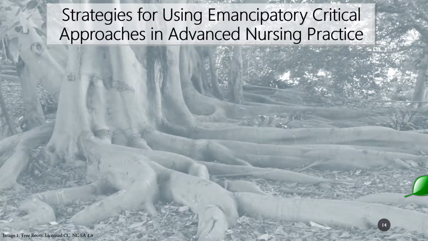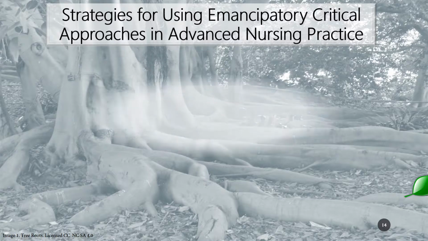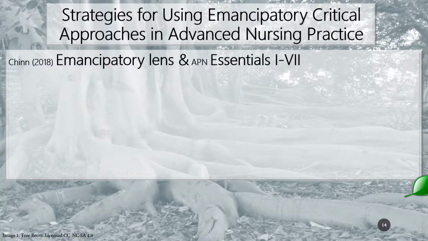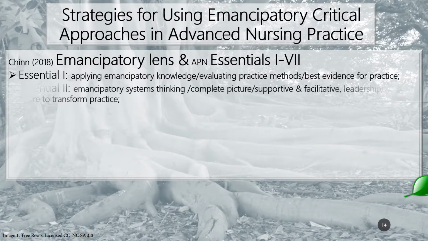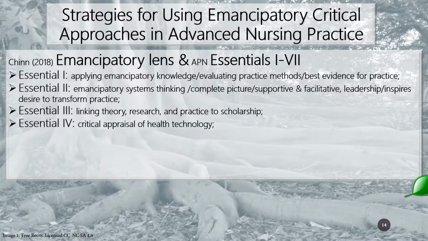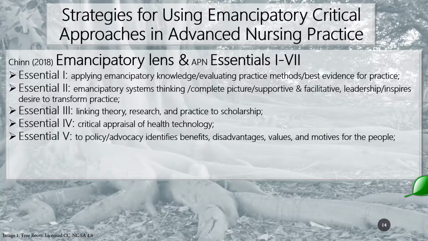So Chen describes emancipatory critical approaches and the way that it can enhance advanced nursing practice, and that's through the first 7 of the graduate essentials. It can be used to evaluate practice and best evidence for practice, including the appraisal of technology, systems thinking, using the process to improve healthcare systems, using transformative leadership. Emancipatory approaches link research, theory, and practice.